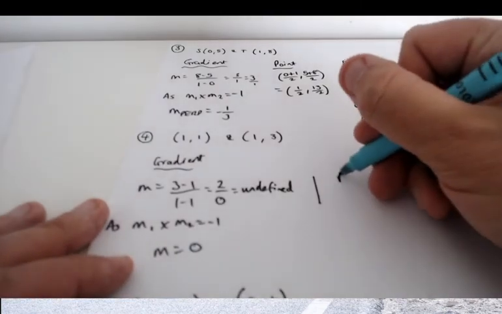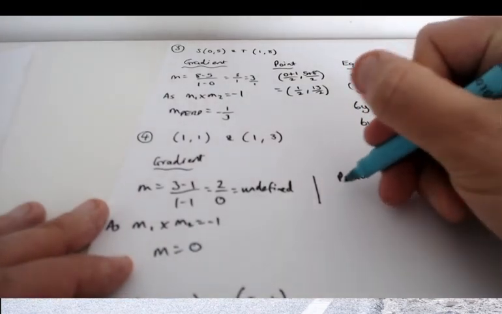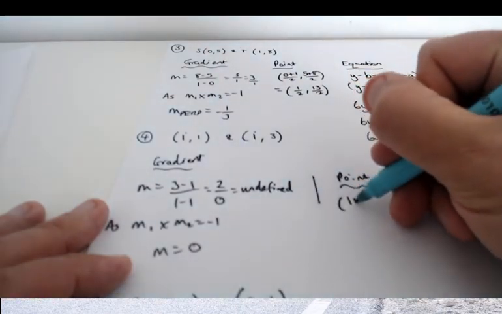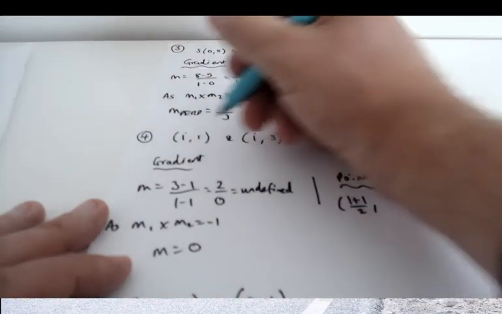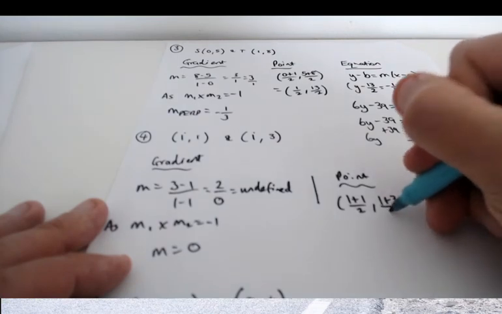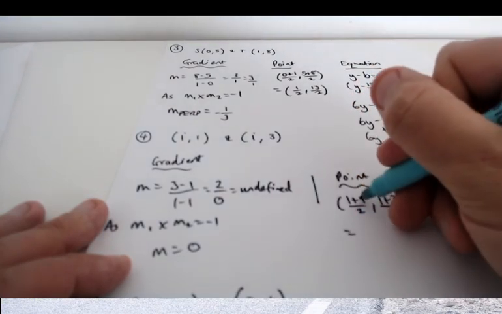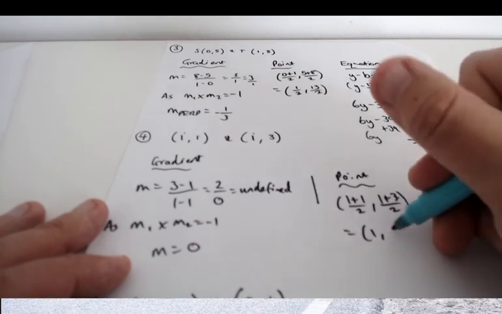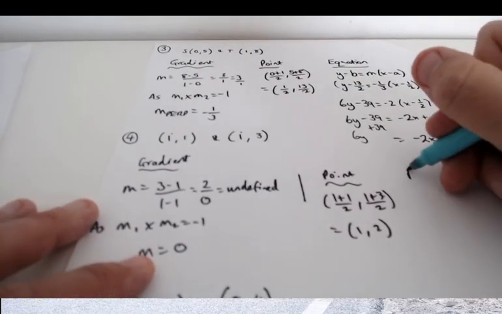I still need my point, so I need the midpoint of this. I need to add together the x coordinates and halve: 1 add 1, half. Add together the y coordinates and halve: 1 add 1 is 2, 2 divided by 2 is 1, 1 add 3 is 4, divided by 2 makes 2. And then I go to my equation.